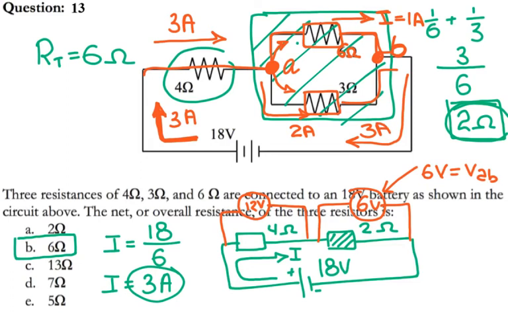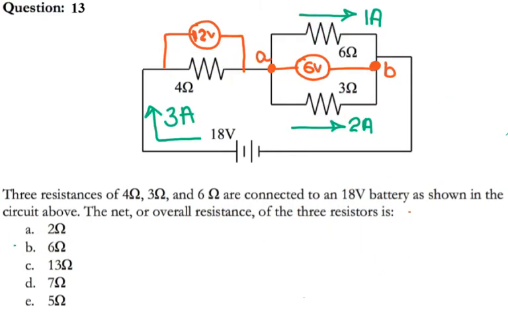If you had to calculate the power on each resistor, it's the same as the brightness on each resistor. So let me call this one R1, this one R2, and this one R3.